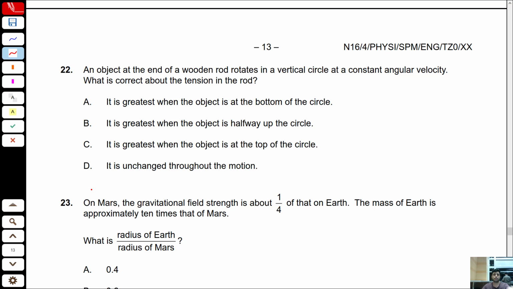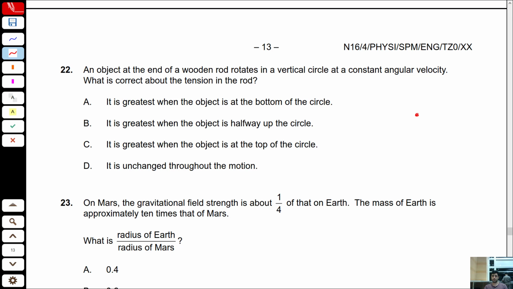Okay. An object at the end of a wooden rod rotates in a vertical circle at a constant angular velocity. What is correct about the tension in the rod? So there's a circular motion happening.